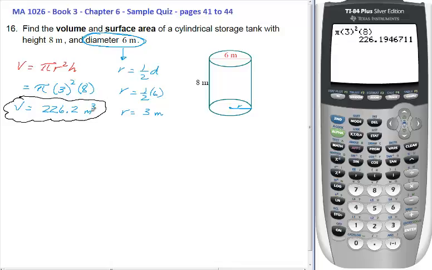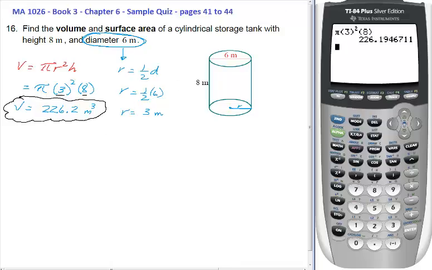Now, again, if we're using significant digits, because 3 and 8 have only one significant digit, we would have to round that to 200 cubic meters. Okay, but I'll leave it as 226.2 cubic meters.